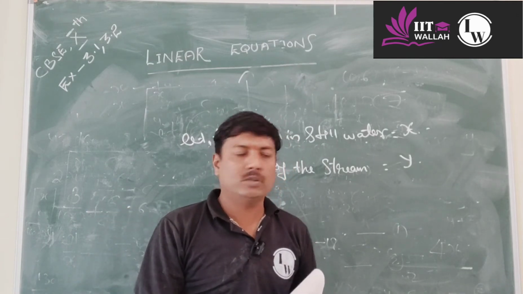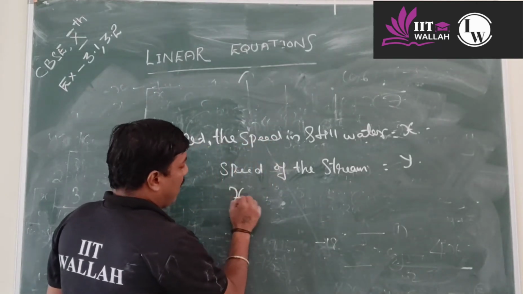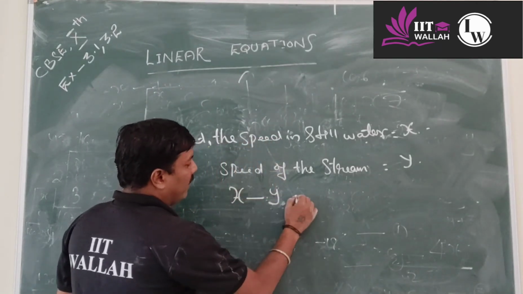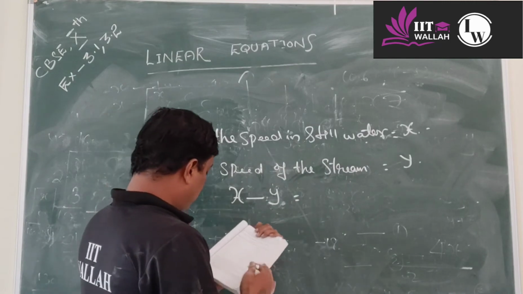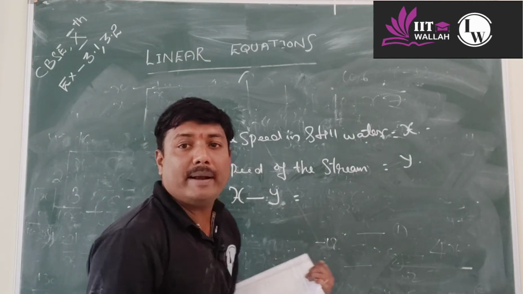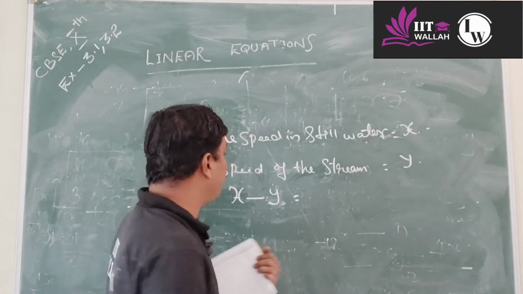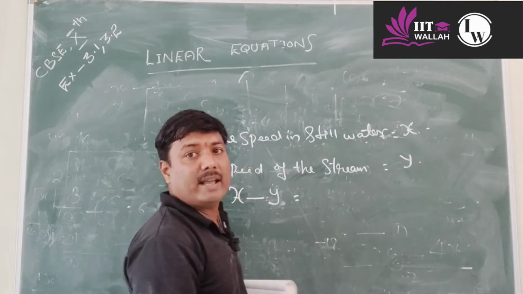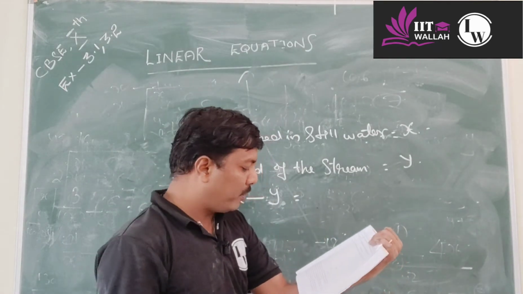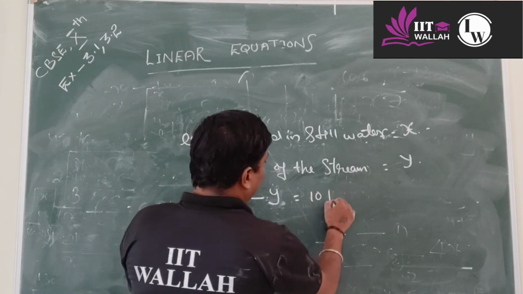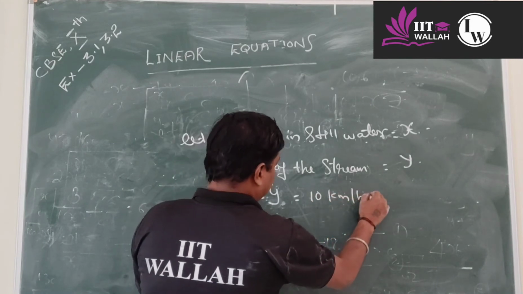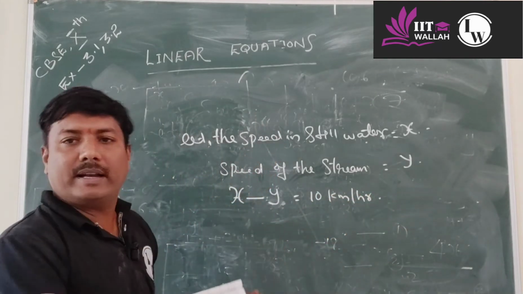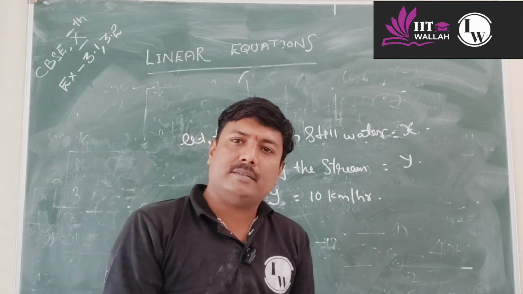You know that. So x minus y is equal to 20 kilometers in 2 hours, that means 20 upon 2, 10 kilometers per hour. In 2 hours 20 kilometers, so in 1 hour 10 kilometers. That is the speed.